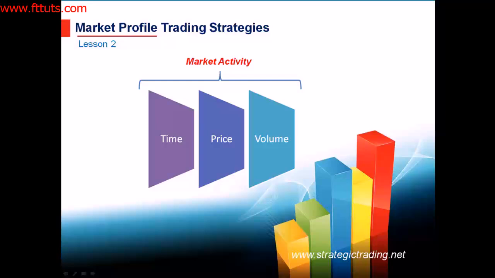What is happening? Where is it going? What is the sentiment of the market? What are the different players in the market doing? And we play a little bit of a detective role. We look at those three elements and we're trying to discern what is happening in the market based on activity in these three elements.